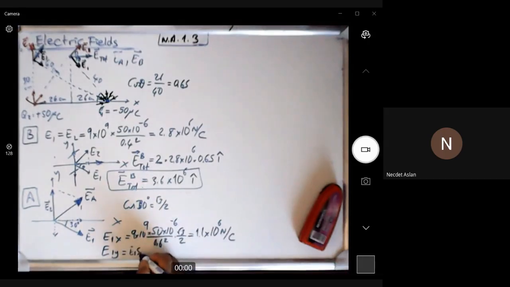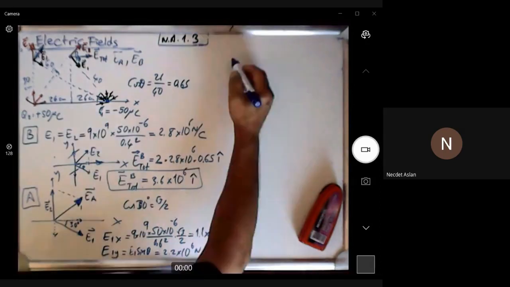So E1 times sine 30, which is a half, will give you 2.2 times 10 to the 6 Newton per coulomb. Okay, very good. So what about E2?